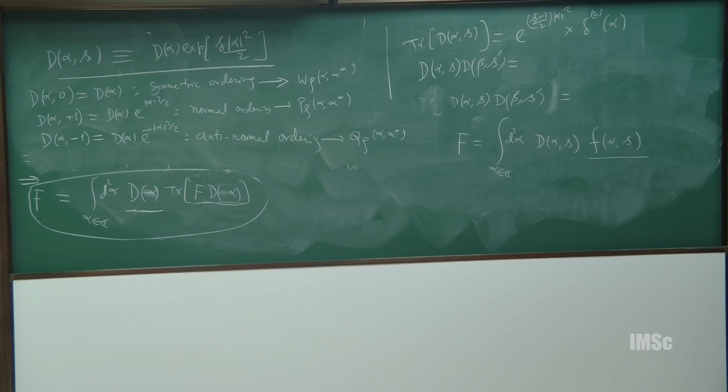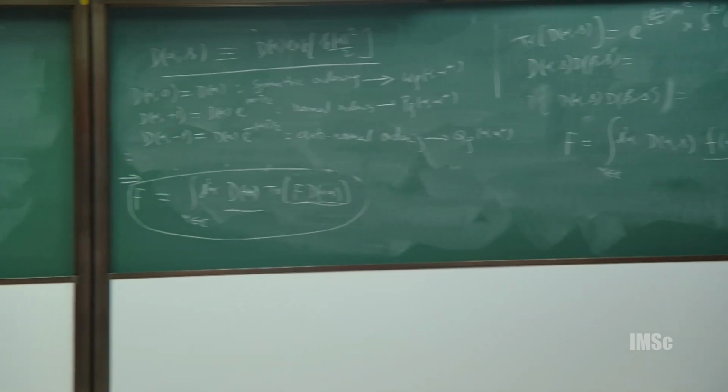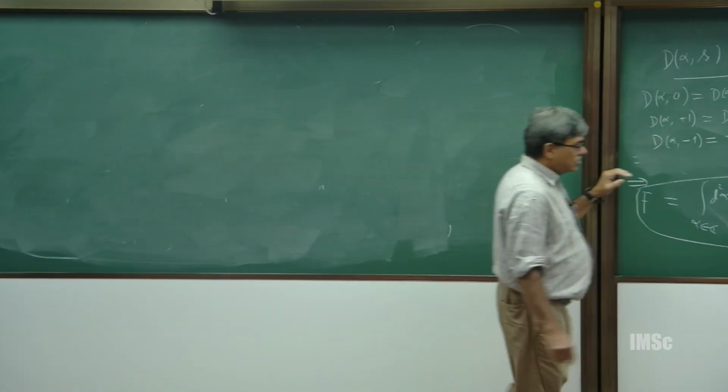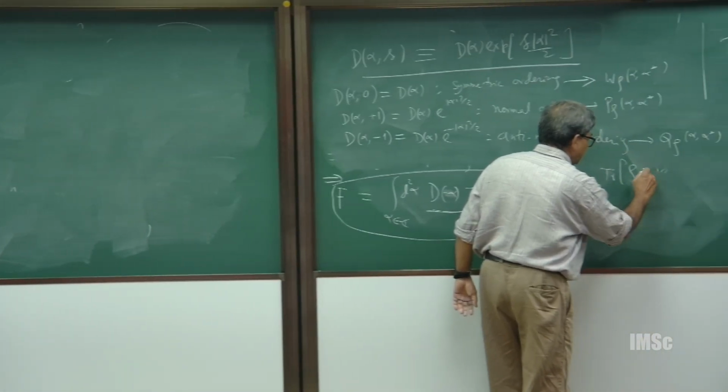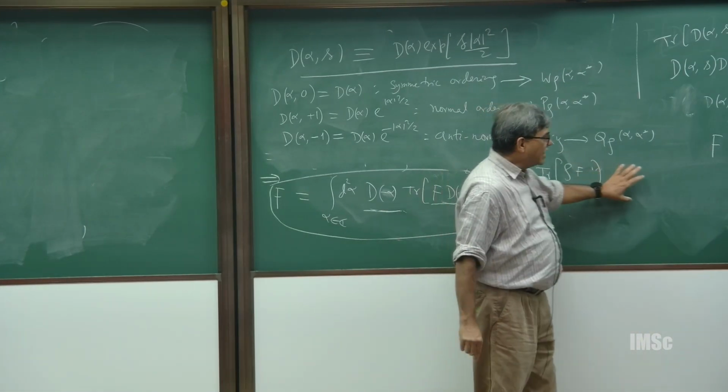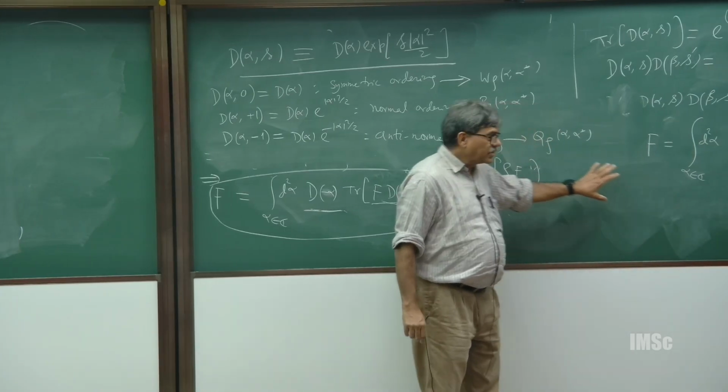Good. Now what we need to figure out is this: for the Wigner function we have shown that if I look at the trace of rho and the operator, you have a statistical expression for that.